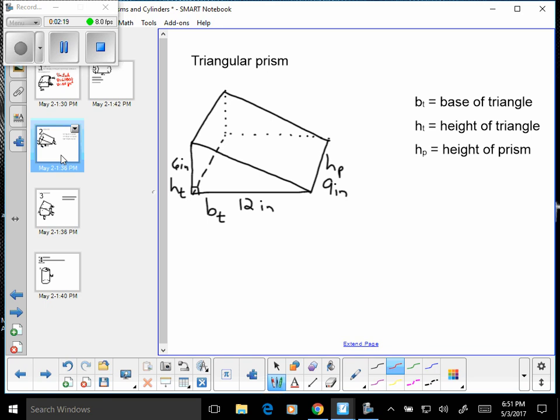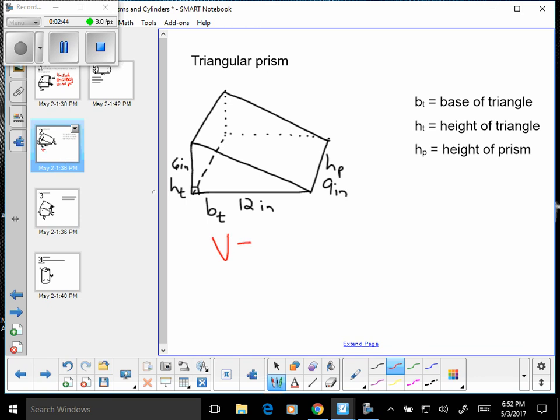Okay, with a triangular prism, we first have to establish that you're going to have 2 heights. One is going to be the height of the triangle, which is what h sub t stands for, and the other is going to be the height of the prism, which is what the h sub p stands for. Now remember that volume is always the area of the base.